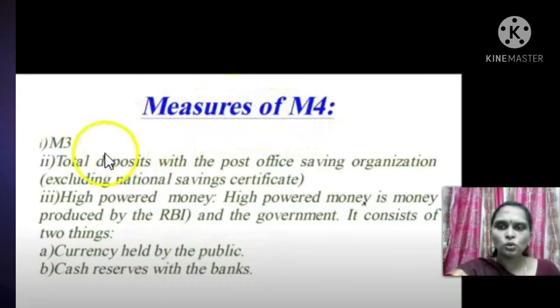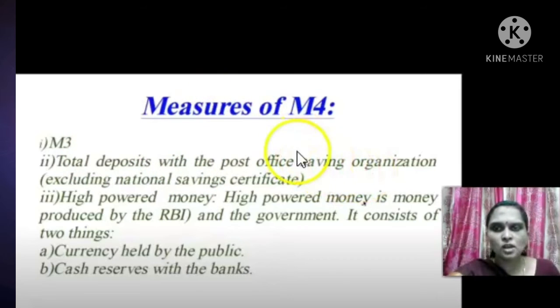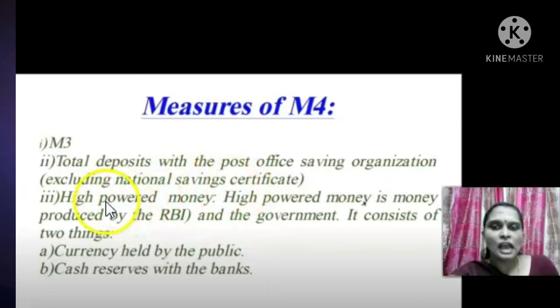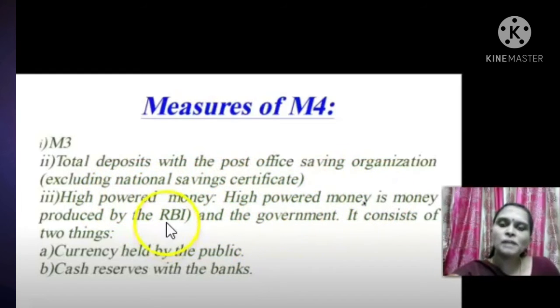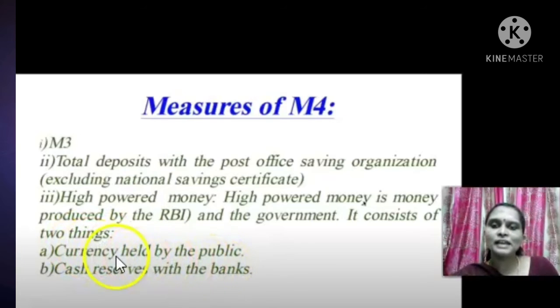M4 includes M3, total deposits with the post office savings organization excluding national savings certificates, and high powered money. High powered money is the money produced by the RBI and the government. It consists of two things, that is currency held by the public and cash reserves with the banks.